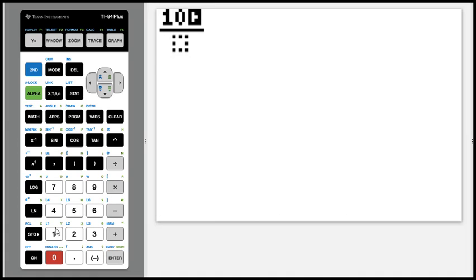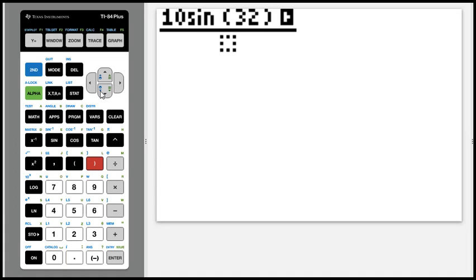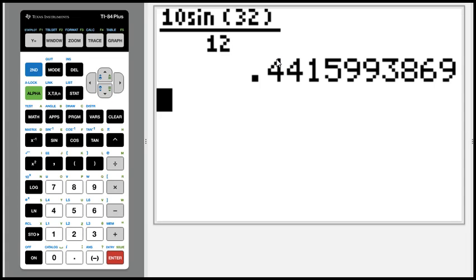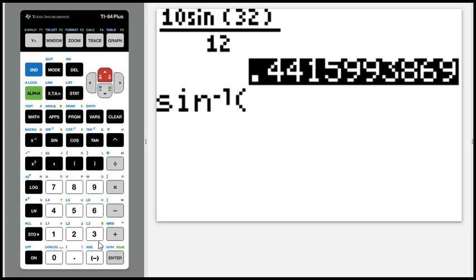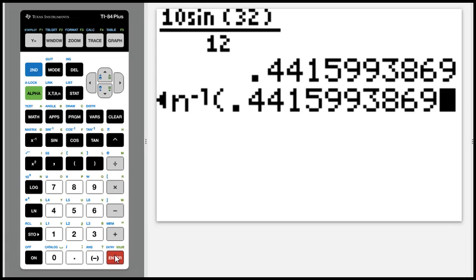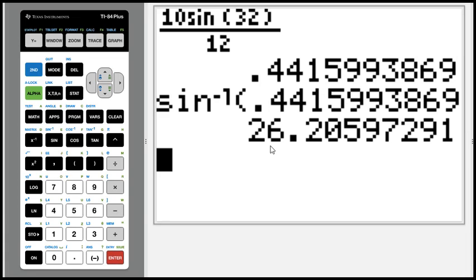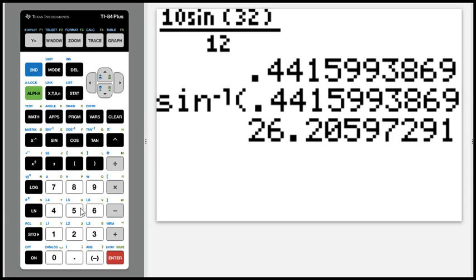This is a 10 times sine 32 degree over 12, enter. This number less than 1, so we can get angle C1. That's acute angle. Second sine, go up, go down, enter. You will get the 26.2 degree.